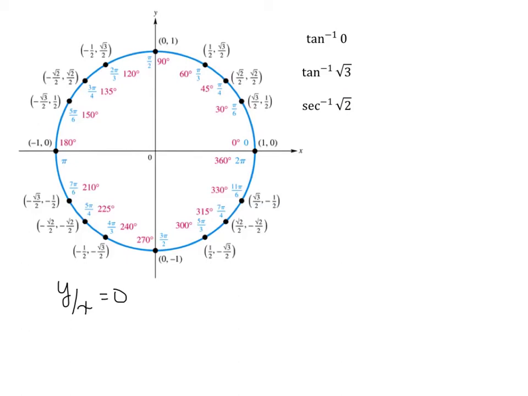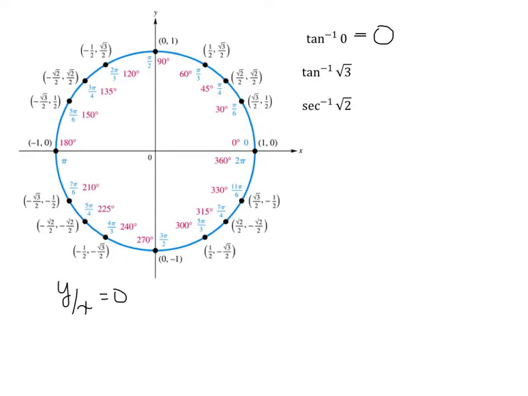So I will either have here negative 1 over 0, that's undefined. Here, 0 over 1, that's a possibility. Or here, 1 over 0. Well, it doesn't occur here and here because undefined is not equal to 0. So in this case, the inverse tangent of 0 must be 0 radians.